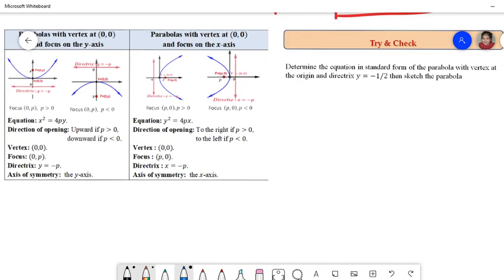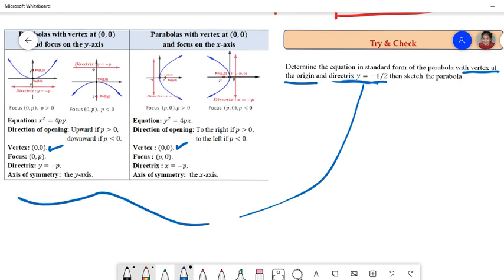Now let's look at this one. Determine the equation in standard form of the parabola with vertex at the origin and the directrix y equal to -1/2. Now when you look at here, the directrix is given in terms of y, so it's a horizontal line.